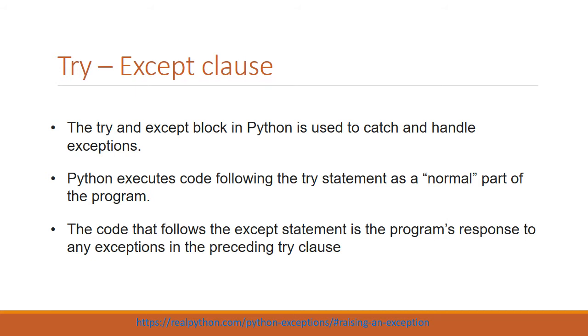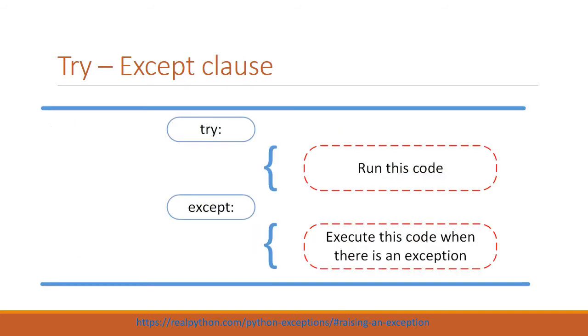The code that follows the except statement is the program's response to any exception in the preceding try clause. This is an image of the general try except construct. The block of code under the try is run as part of the regular program execution. The block of code under the except is executed when an exception is thrown.